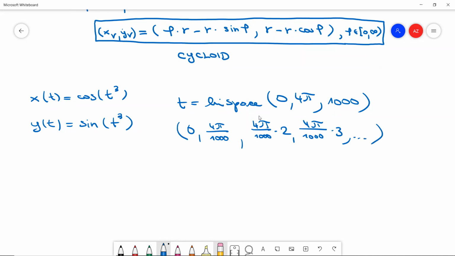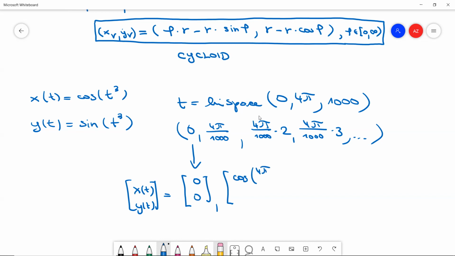Then MATLAB calculates the corresponding points, x naught, y naught, x1, y1: you get 1, 0, and then cosine of (4 pi over 1000) to the power of 3, and sine of (4 pi over 1000) to the power of 3, and so on.